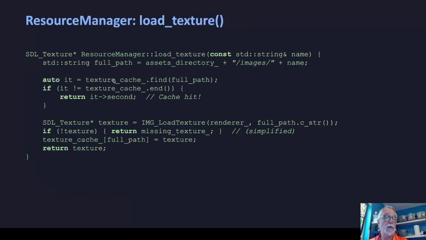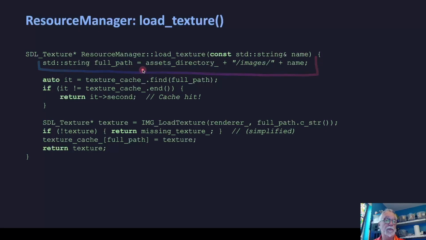Okay, so load texture. What does load texture do? It's actually quite straightforward. The beauty of this decomposition is that it's just adding one layer. So the first thing we're going to do is add this path.